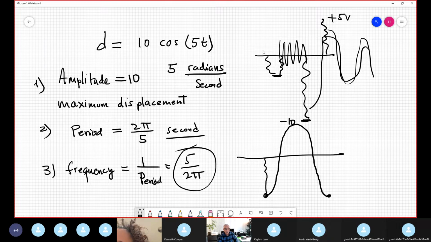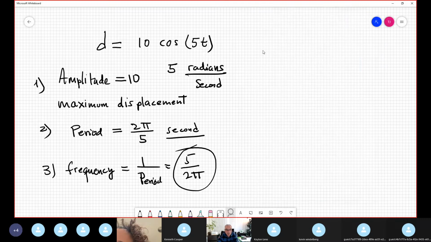And what is the interpretation of frequency? The period is the time for one cycle. Let me try to explain the physical meaning of frequency.